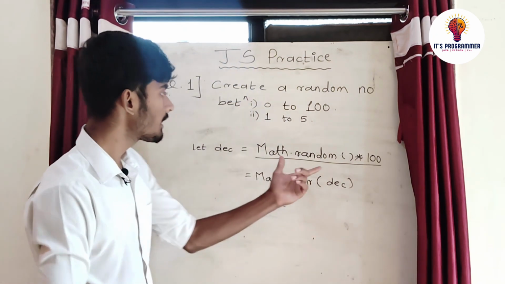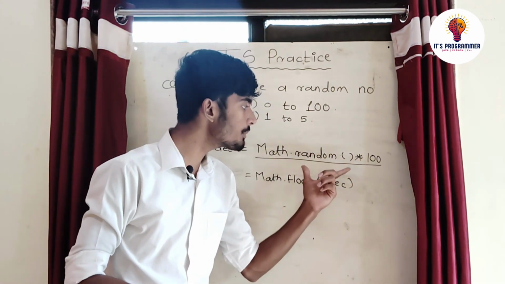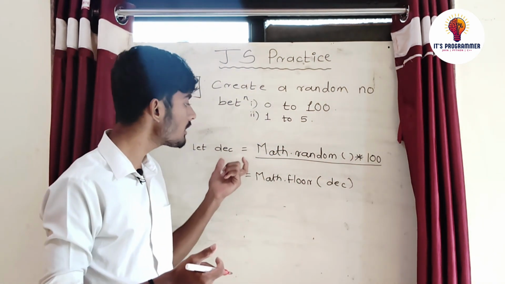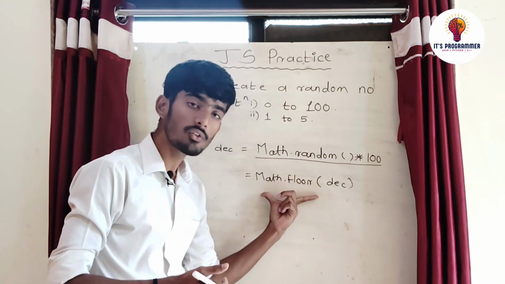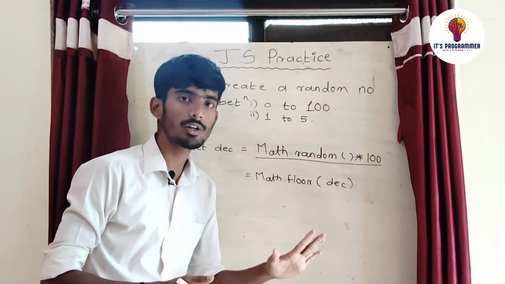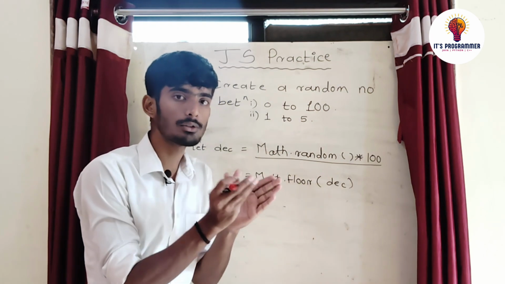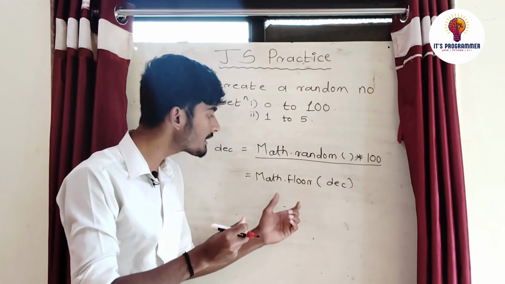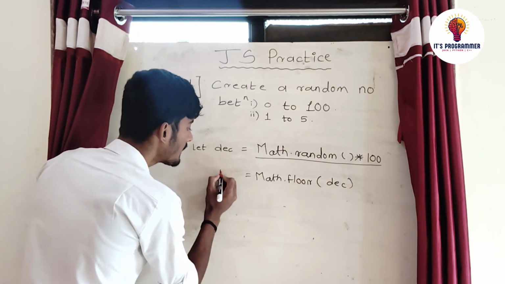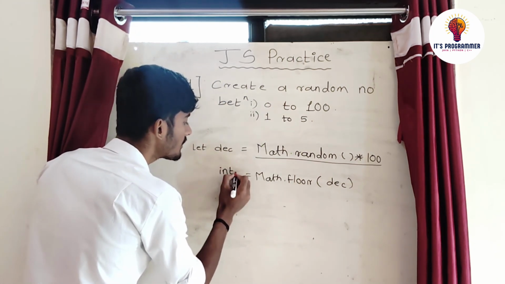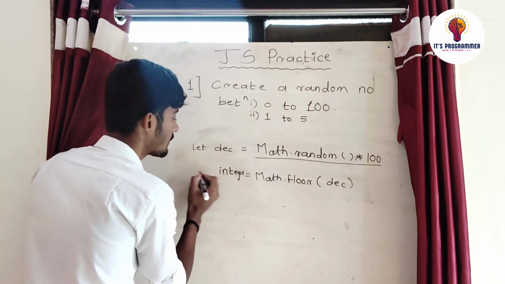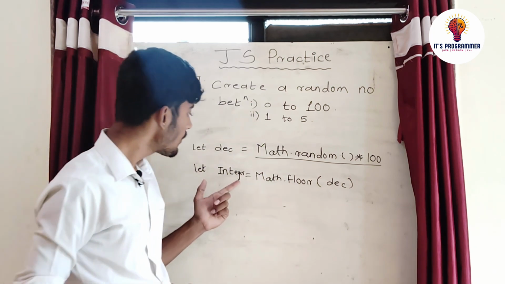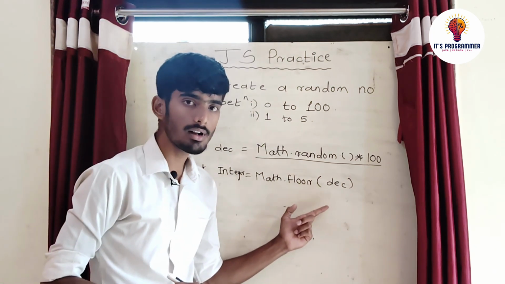So the numbers in 0 to 99 will get stored in dec, and this function will remove all the decimal values and store only the integers between 0 and 99. Those integers will be stored in a variable integer, with a capital I. So this is the variable integer in which our integer values will get stored.